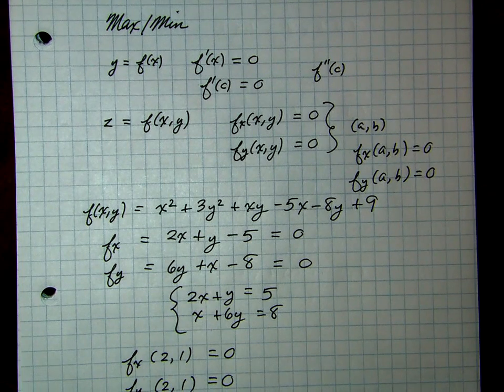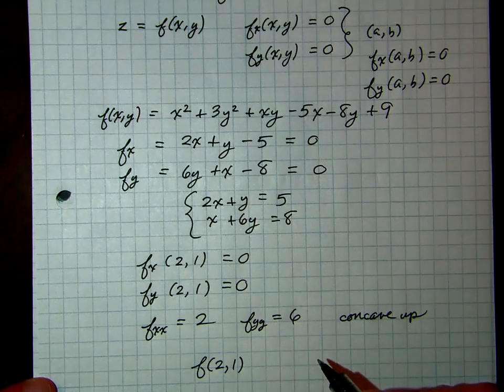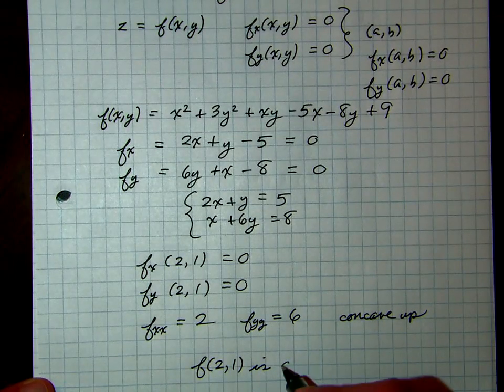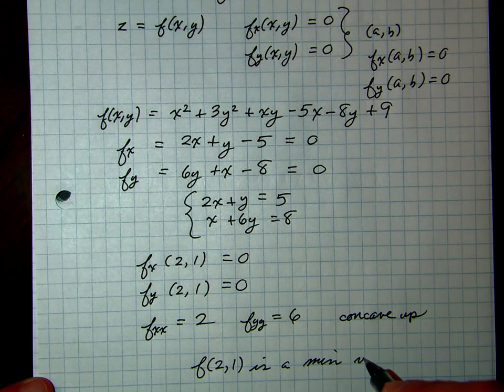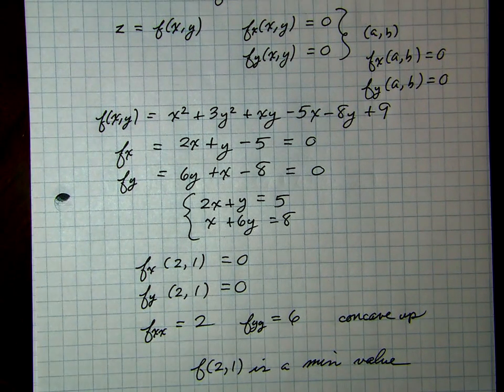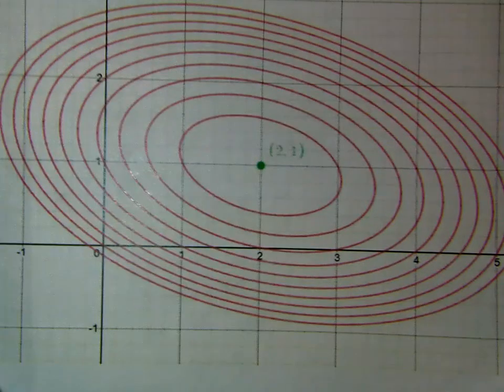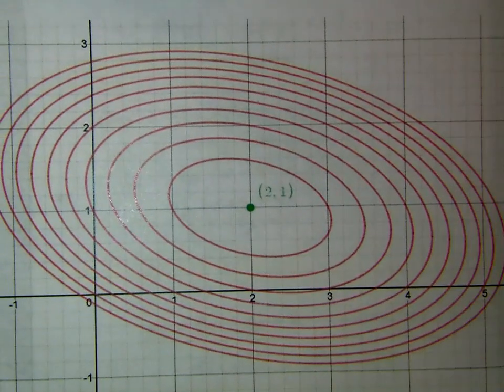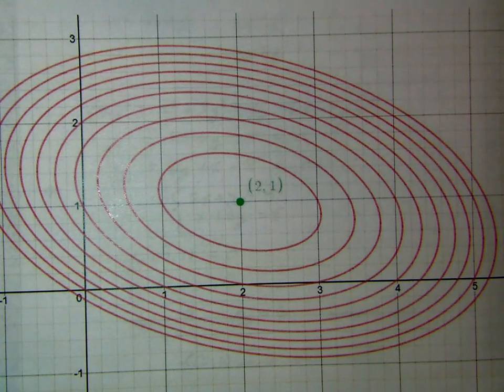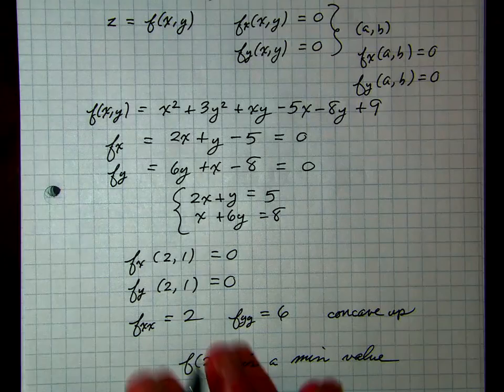Both of those are positive, and so both of those are suggesting concave up. So it looks like f at (2, 1) is a minimum value. If you check out a contour map, you'll see that (2, 1) is in fact the lowest point. So that seems to have worked out just fine.